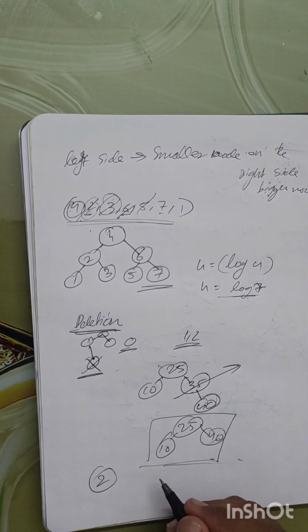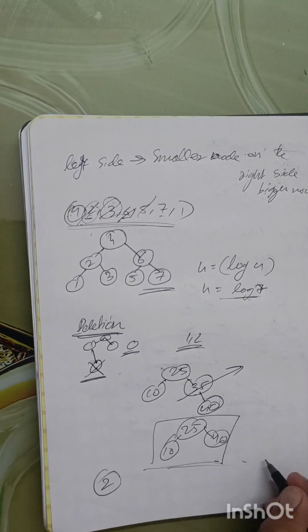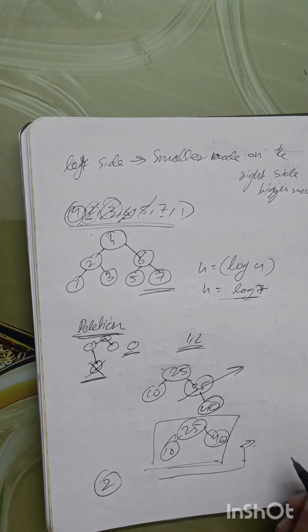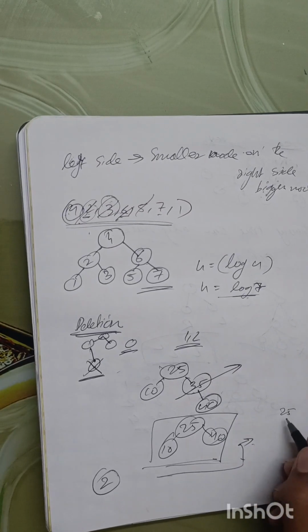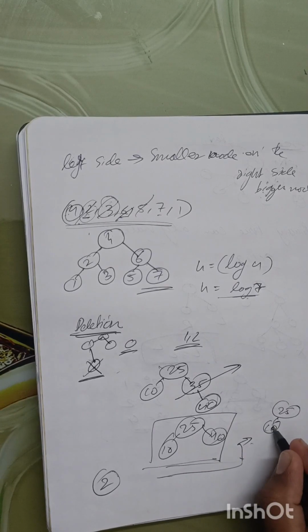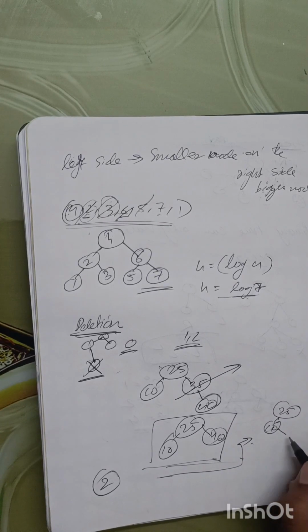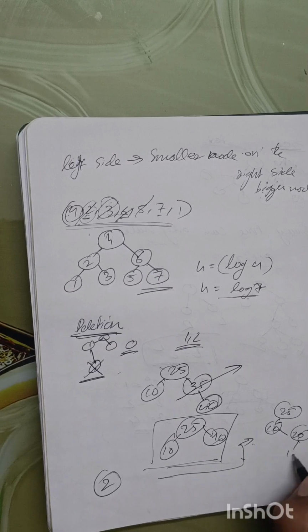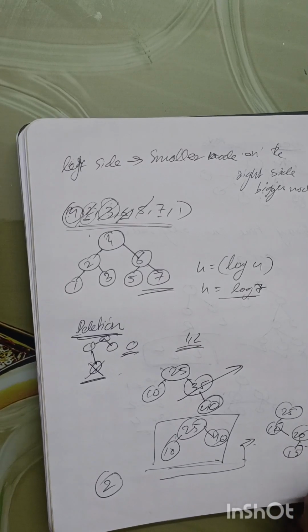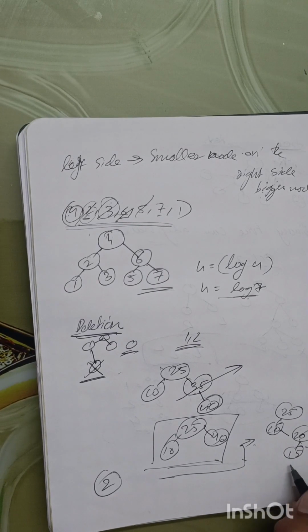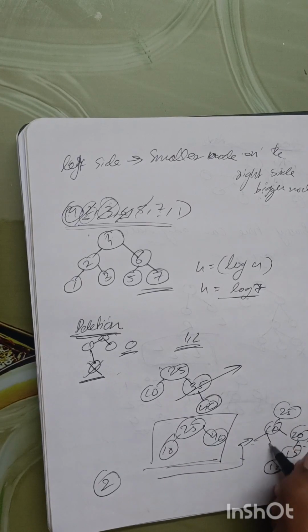If it's 2, for example, we'll take an example here. If it's 25, 10, 20, 15, 21, and then 13, and there is something else here as well.